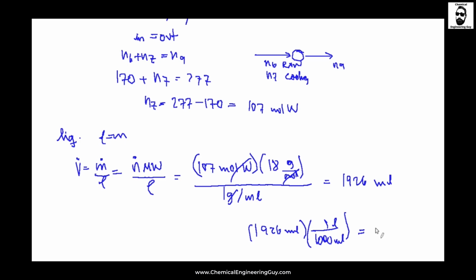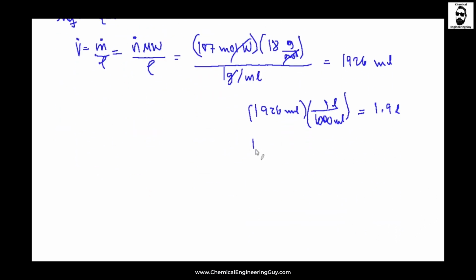So this amount will be in liters, 1.9 liters, but I don't want that. I want cubic meters, so let's change 1.9 liters to cubic meters, which is a little bit less: 0.0019 cubic meters. That's my volumetric flow of water.